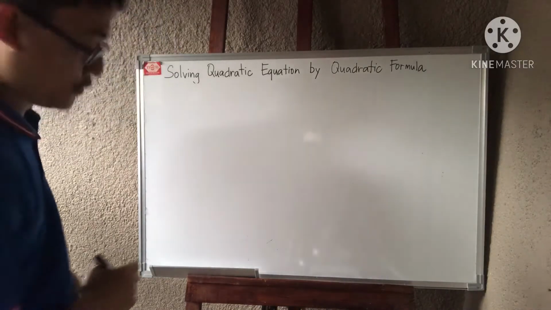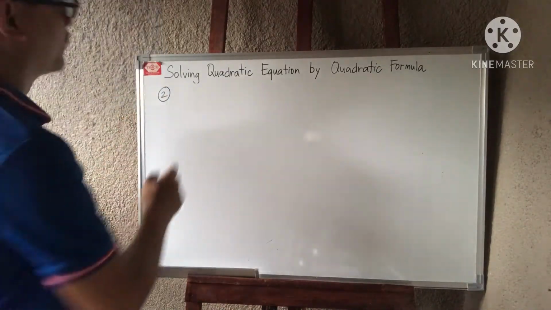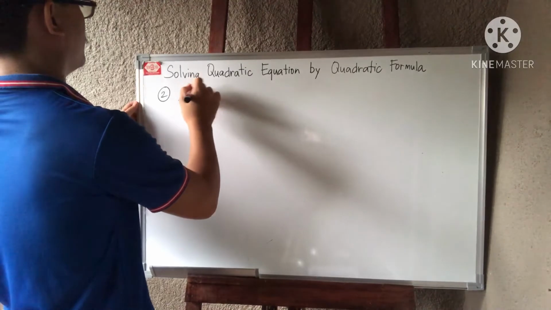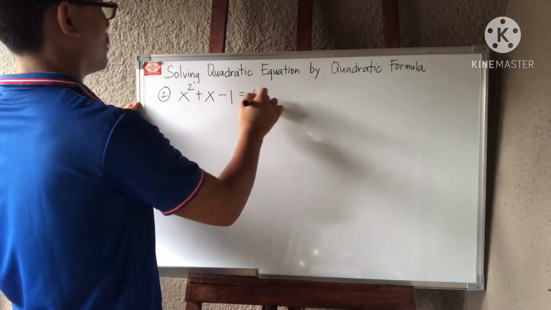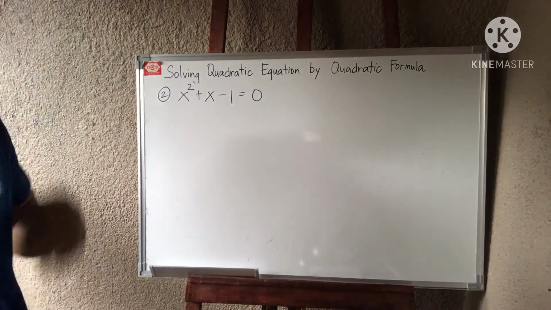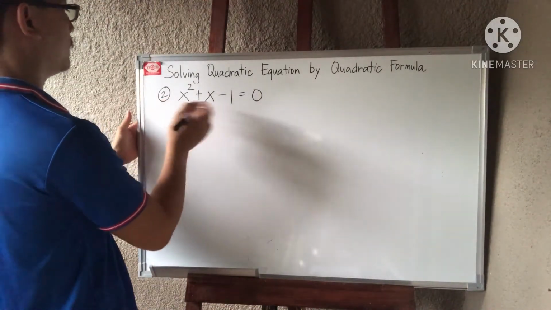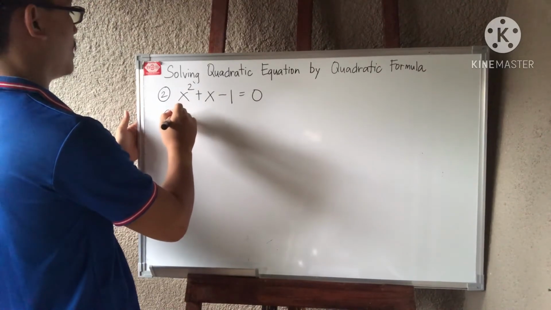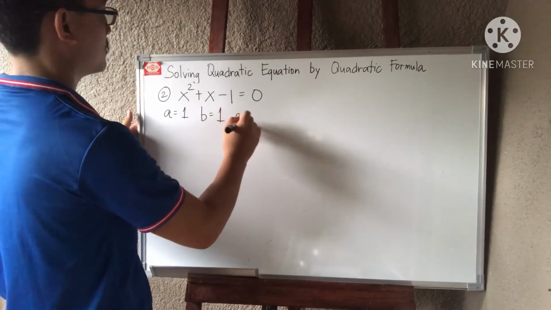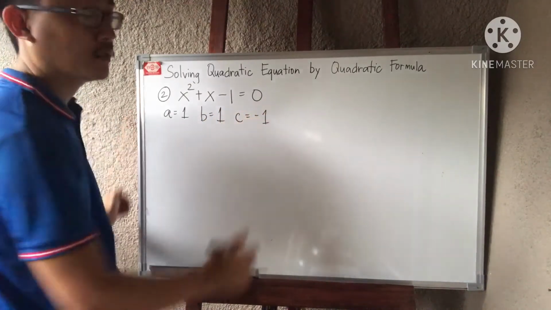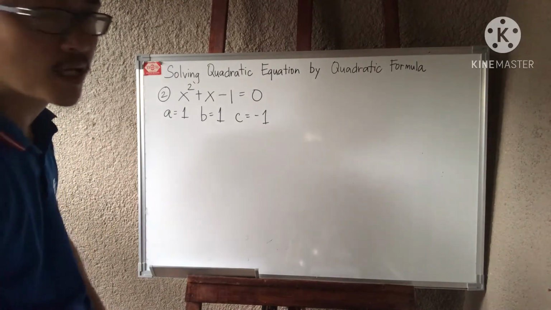Okay, second example. x squared plus x minus 1 equals 0. So, kunin na natin yung values ng a, b, c. So, ang a ay 1, b ay 1, c is negative 1. Then, i-plug in natin siya sa formula natin.